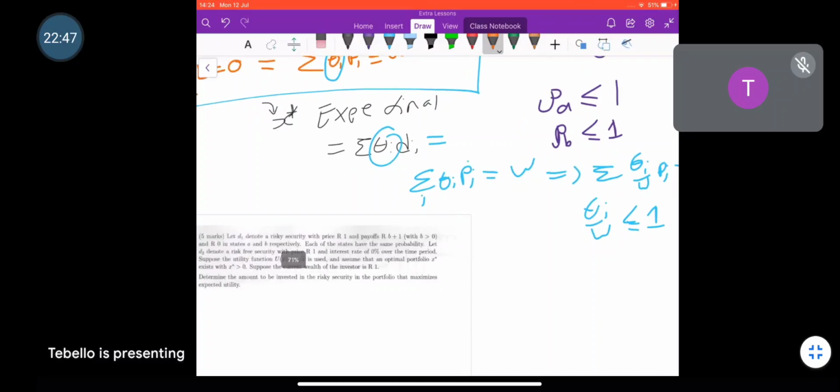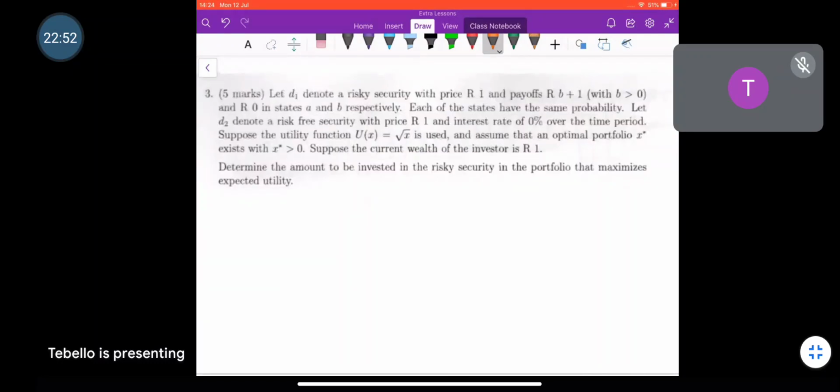So I think this example can seal the deal. Let D1 denote a risky asset. We have price 1 and payoff of 2 in state A and 0 in state B respectively.